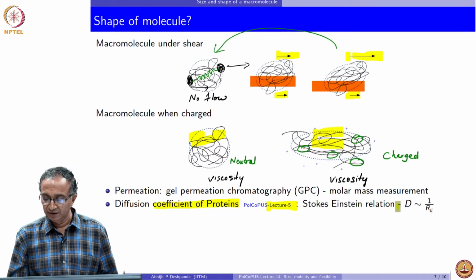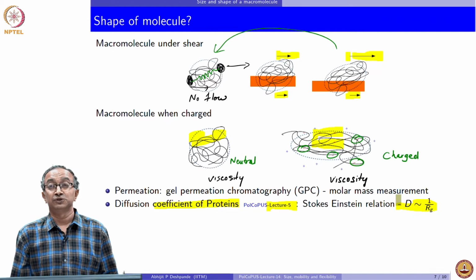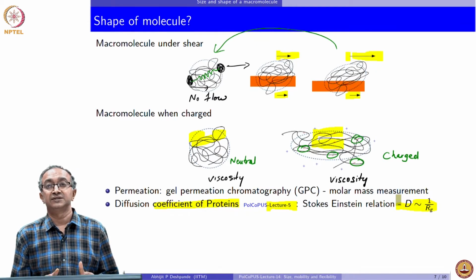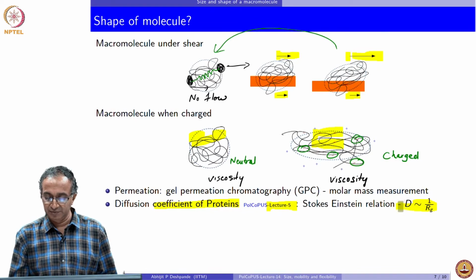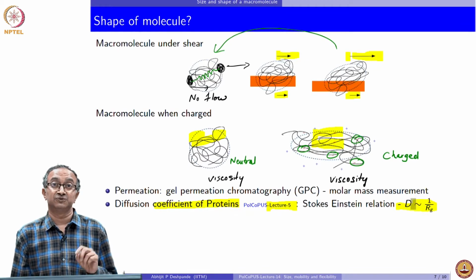The diffusion coefficient of a polymer molecule or any other particle is dependent on its size, and a simple relation to describe that is the Stokes-Einstein relationship. Based on this, you can see that the diffusion coefficient of a polymer will be related to molar mass, because radius of gyration is dependent. You can go back one or two slides, 5 minutes before, and then answer the following question.